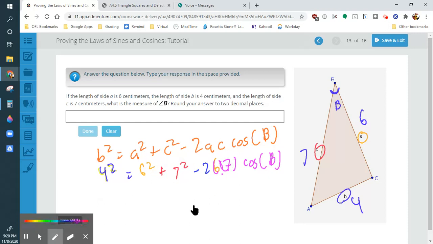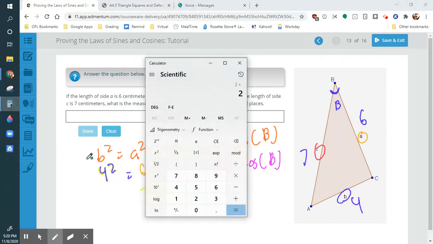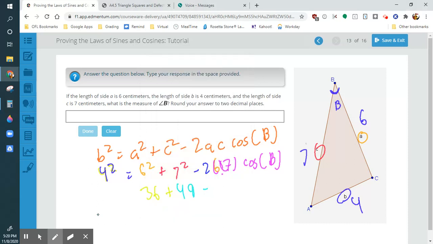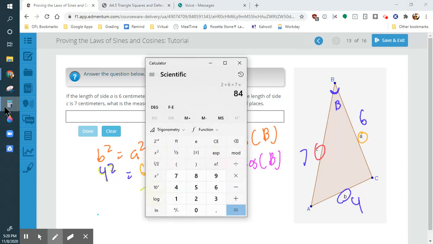When you're squaring these, you have to square them individually. So you're going to do 36 plus 49 minus all of this together. So 2 times 6 times 7, that's 84.